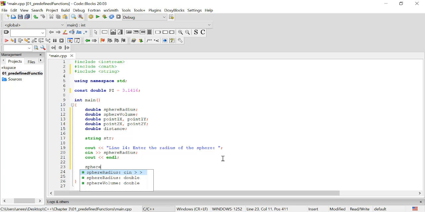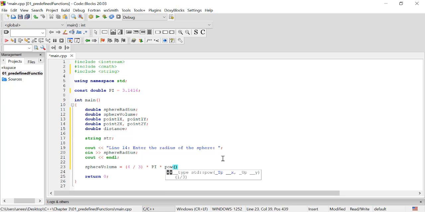Sphere volume is equal to 4 divided by 3 times pi times pow. Now this is actually the power.